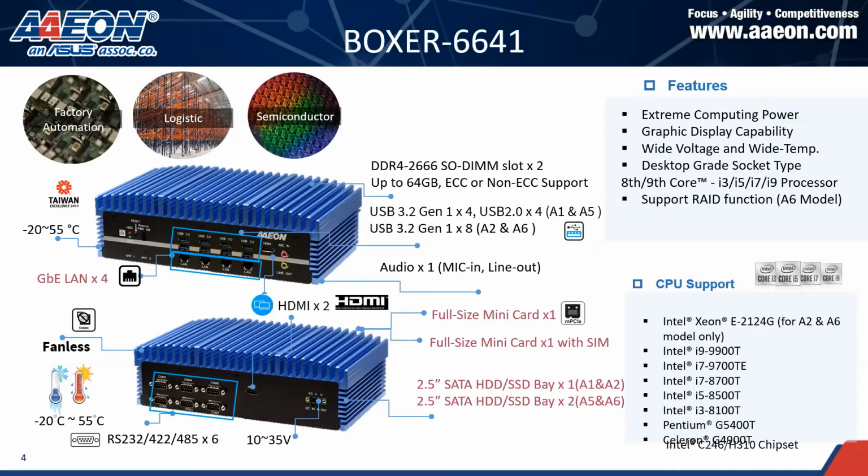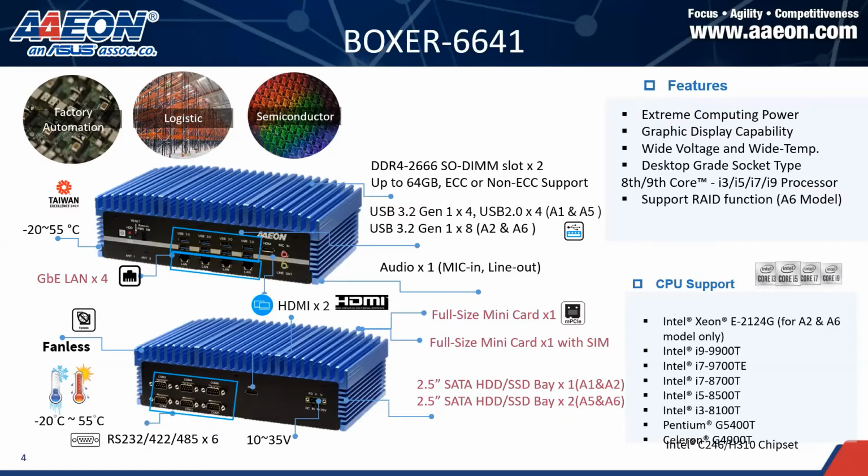So in general, it provides really rich I/O support so customers can connect to a lot of devices. It's good for factory automation, logistics, and the semiconductor industry. I will have a few slides to introduce a few use cases to give you an idea how we can utilize these products in different applications.